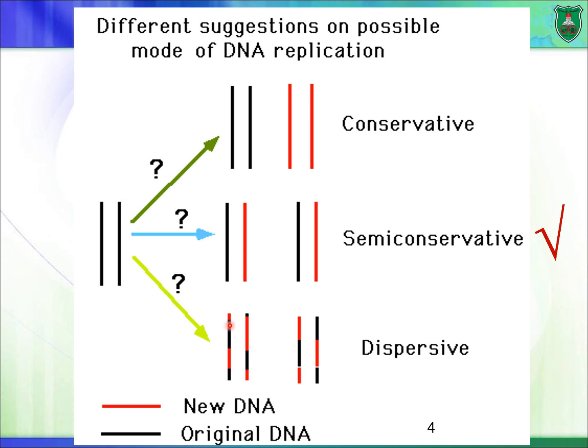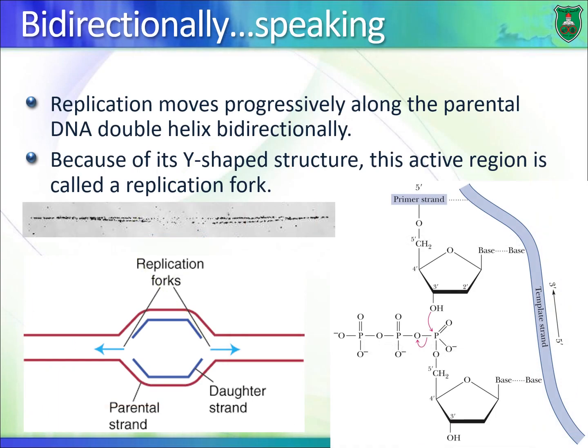So scientists knew by doing a few experiments that DNA is actually replicated in a semi-conservative fashion, meaning that one strand is conserved. Semi means partial conservation of DNA. So one of the strands comes from the parental cell, and one is actually a whole new strand. So how does that happen?